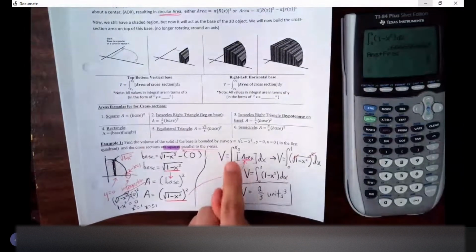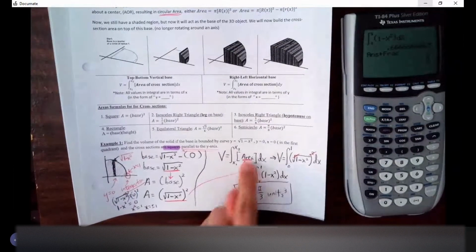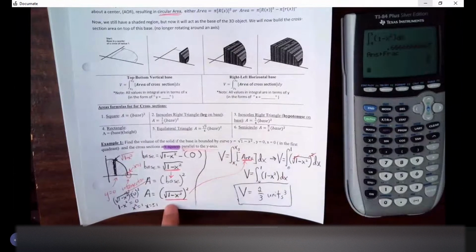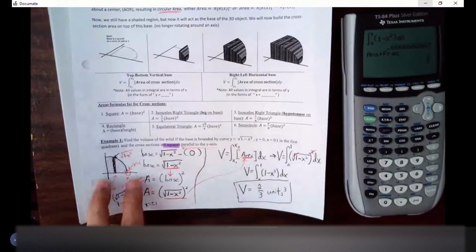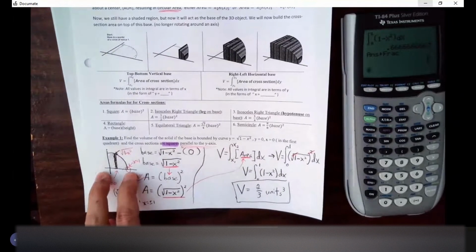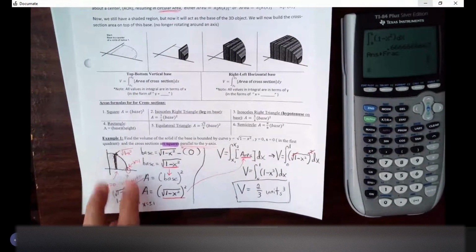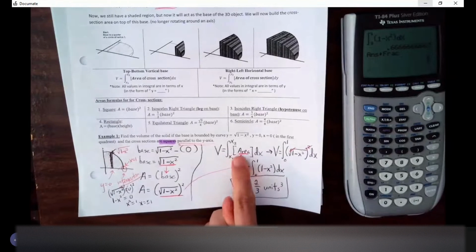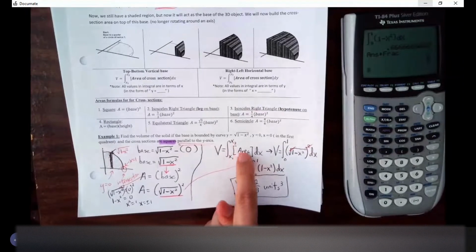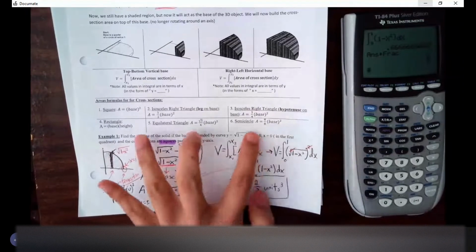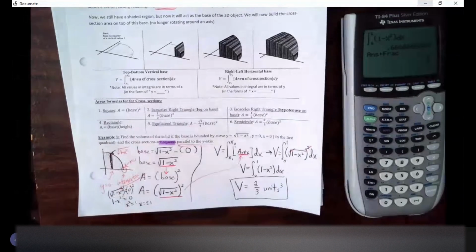And then rather than doing integral of pi r squared, now we're doing area of another shape, another area formula. Our bounds, we still look for bounds the same way as if this was disk method or washer method. We just have to make a slight adjustment in this region here. Instead of pi r squared, we're putting something else here based off of one of these 6 formulas.